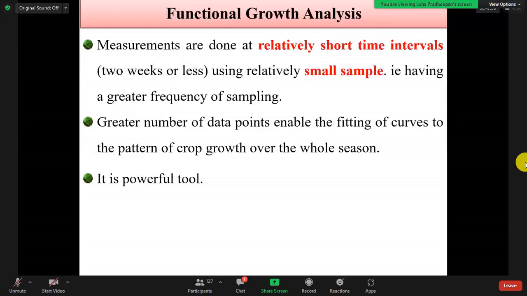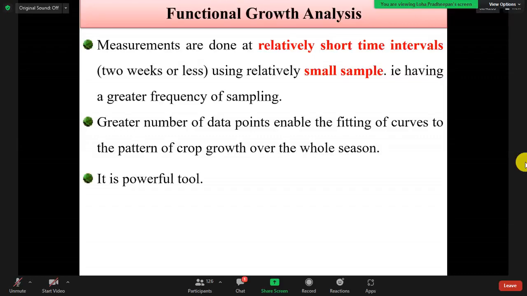But in the functional approach, we do the sampling very frequently. So at a 1 week or 2 week interval, we are doing sampling. Every week we have to uproot some plants to get the dry weight. In that case, we can't take a large amount of plants, so only a small amount of sample can be taken.